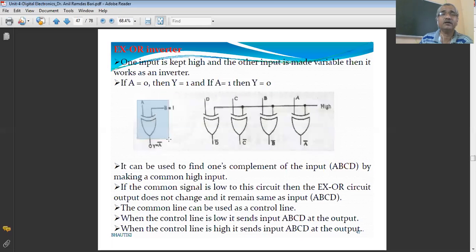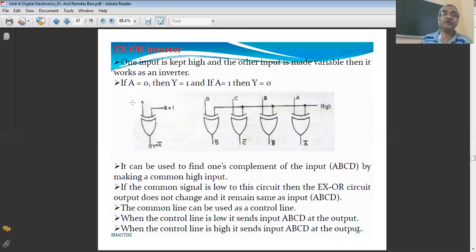So the exclusive OR gate can be converted into a NOT gate or inverter by keeping one variable high.